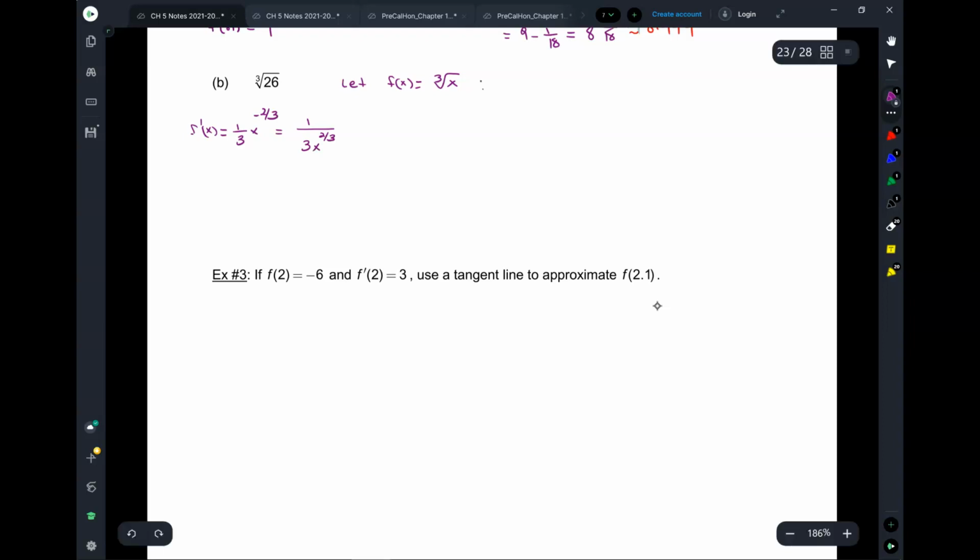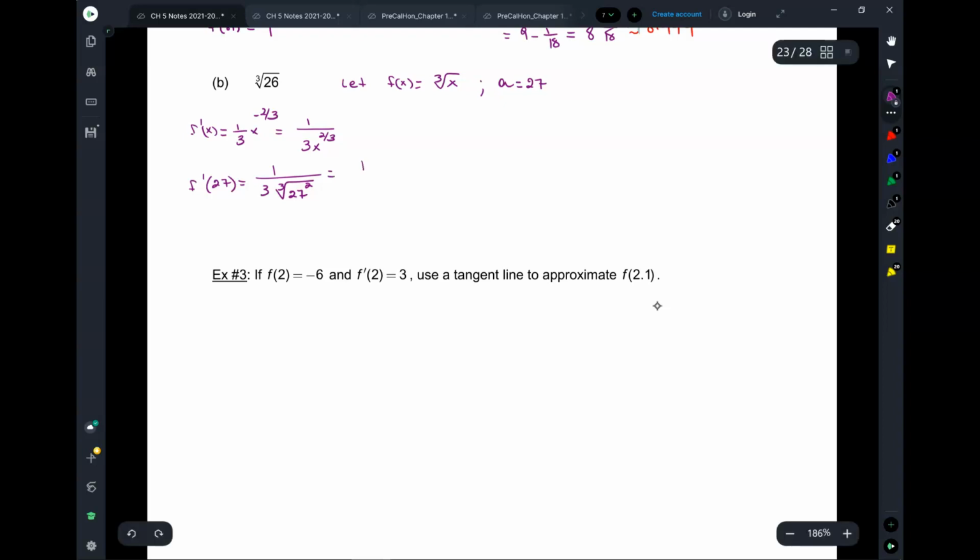What are we going to take as our a? 27, because that's a good cube root. So f prime of 27, did you see what I did there? I always want something that's an easy number, so you don't have to deal with it. Precisely. So now it's 1/3 times the cube root of 27 squared, and this is something you should be able to do by hand.